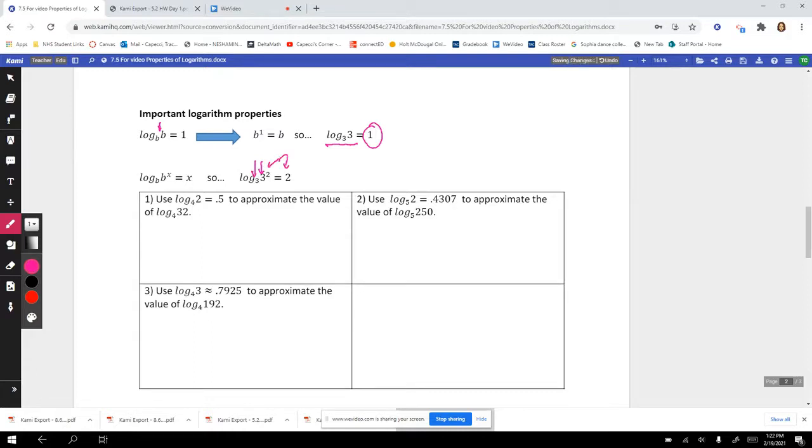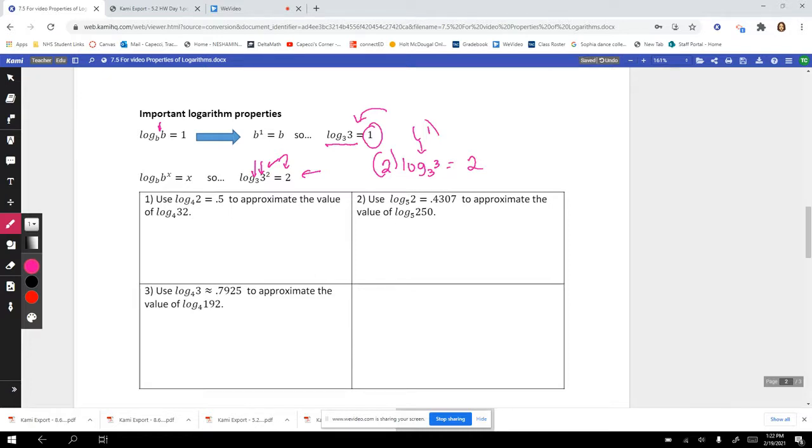And this is why. We already said that log base 3 of 3 is equal to 1. If I follow my power property, the exponent goes in the front, and then I have log base 3 of 3, which is 1. I multiply 2 times 1, and I get 2. So you don't have to go through all that, but that's why that works.